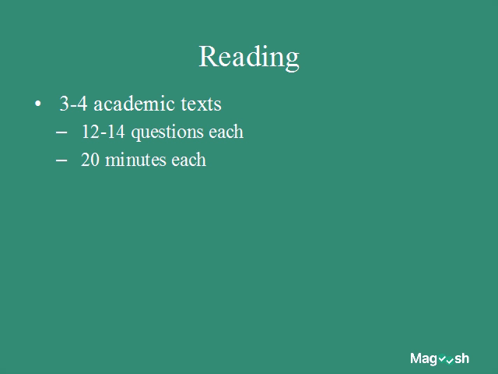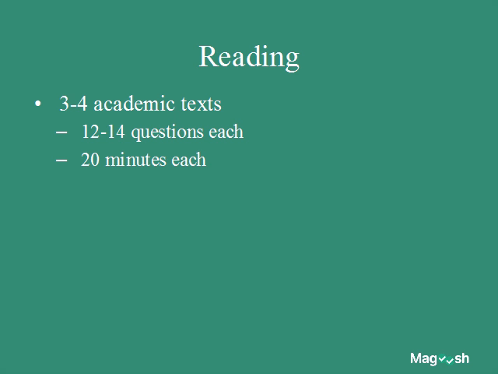And after you read a passage, you will get 12 to 14 questions on that passage. And for every set of a text and 12, 13, or 14 questions, you get 20 minutes. But that's actually in full. So you'll see possibly 3 passages, each with questions, and you'll get 60 minutes to answer all the questions and read all the texts.